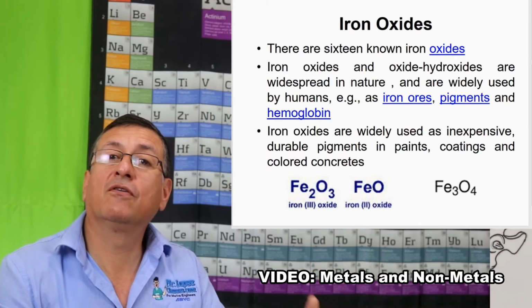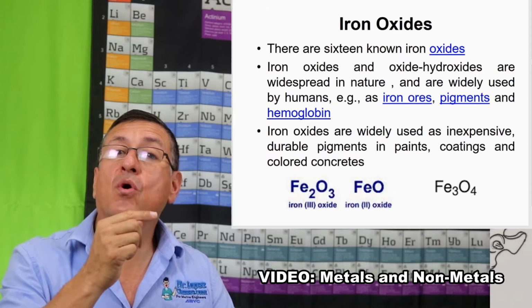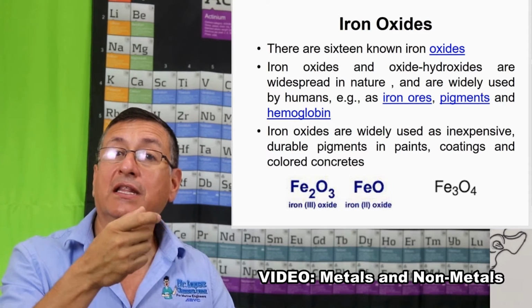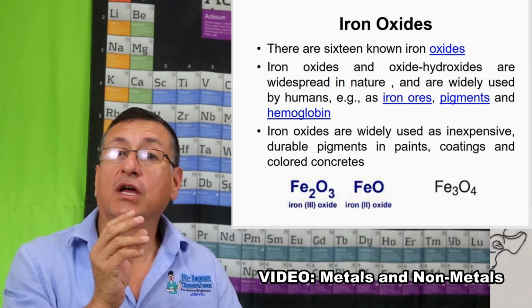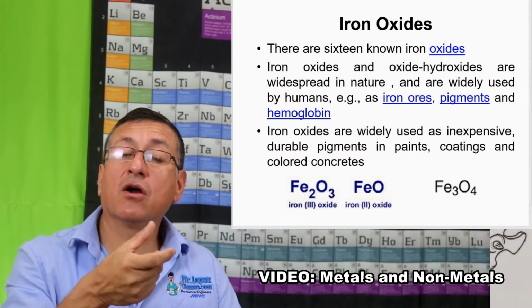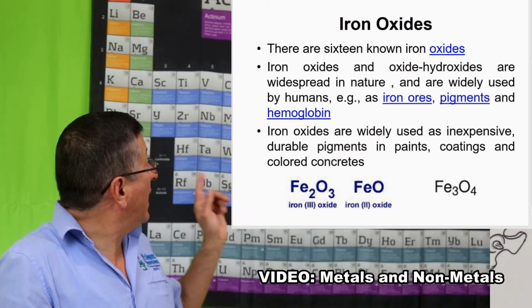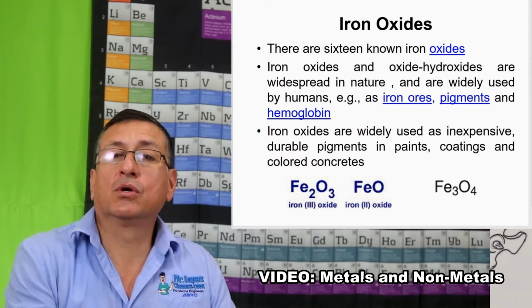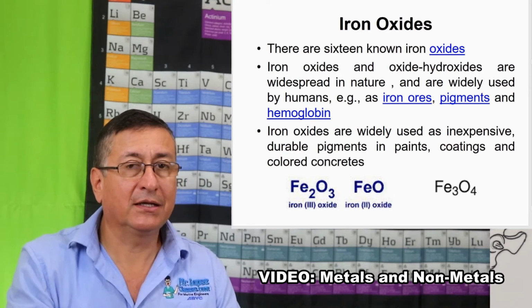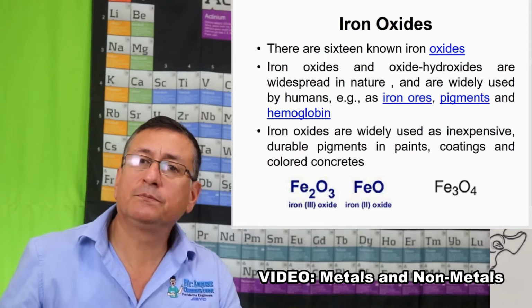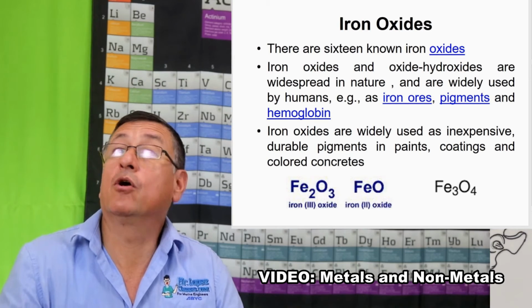Depending on how many electrons the iron works with in the last orbit, when combined with oxygen it produces a ferrous oxide or ferric oxide. Remember that iron works with 2 or 3 electrons in the last orbit. We are going to study that later. This is the situation with the oxide.